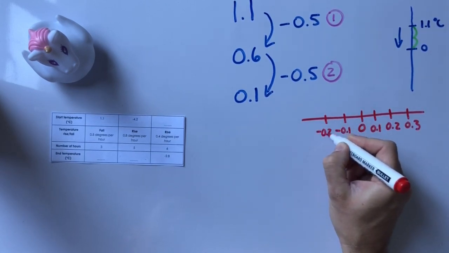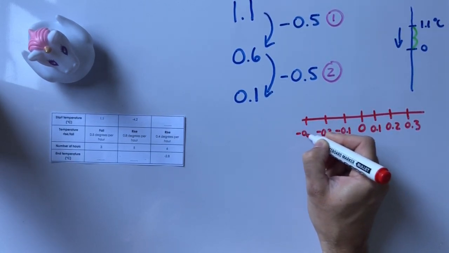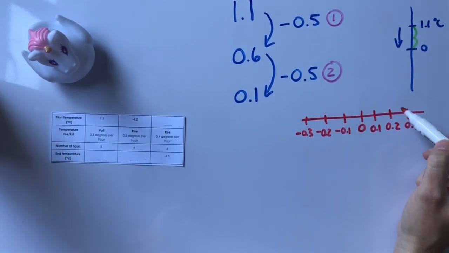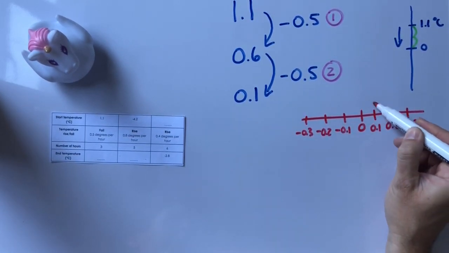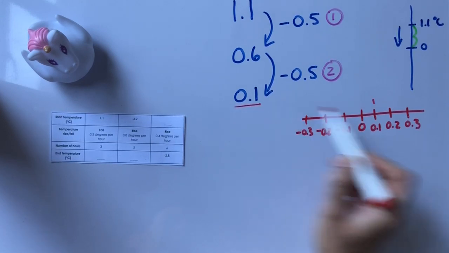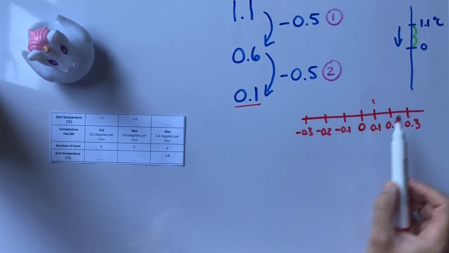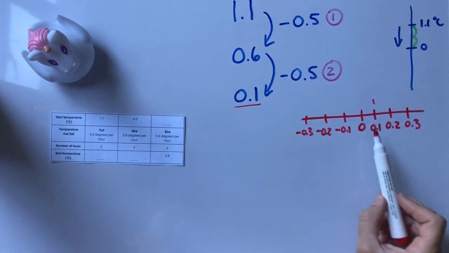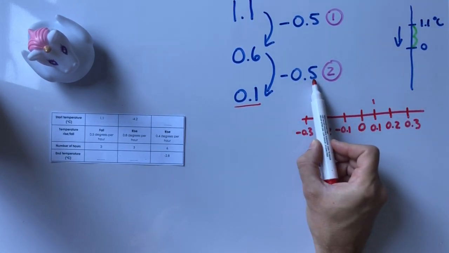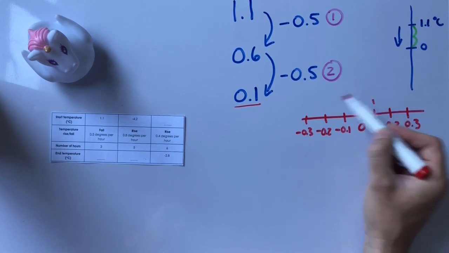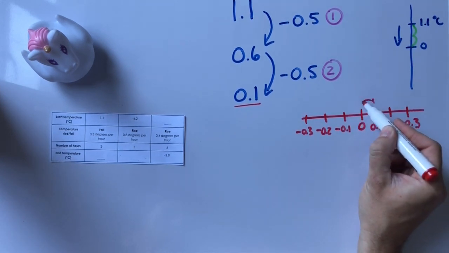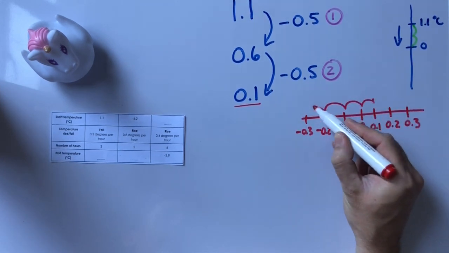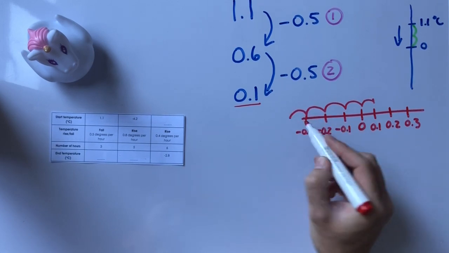Negative 0.2, negative 0.3. So all that's happening here is I'm starting at 0.5 and jumping back 5 times, because these are in tenths, so that's 5 tenths. So from here I start 1, 2, 3, 4, I didn't write that one, 5.